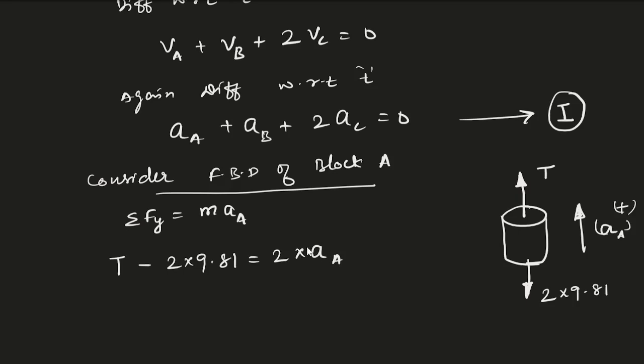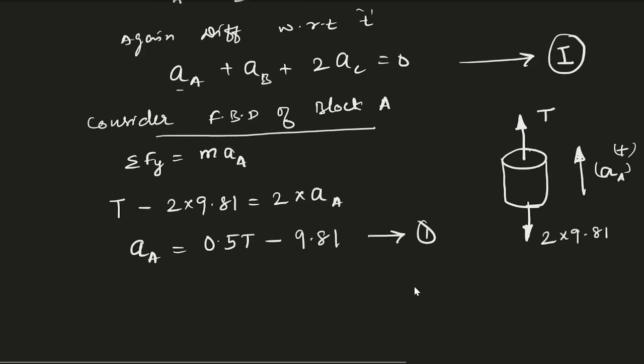I need the equation in terms of AA because the first equation has AA plus AB plus 2AC. So AA will be equal to T divided by 2, that is 0.5T, minus 9.81, since the 2 and 2 cancel. So this is my first equation from block A.